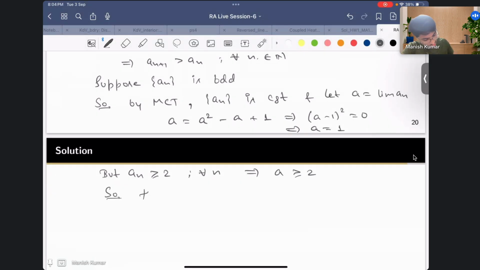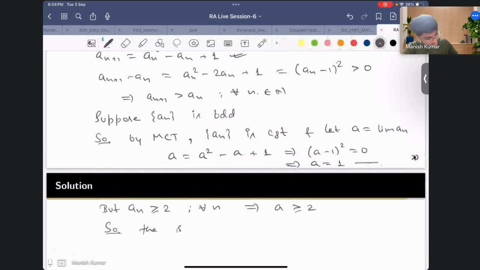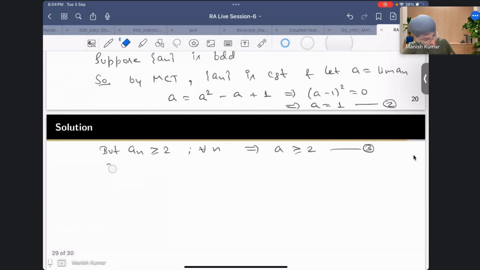I mean, this is a contradiction. So a_n cannot be bounded.